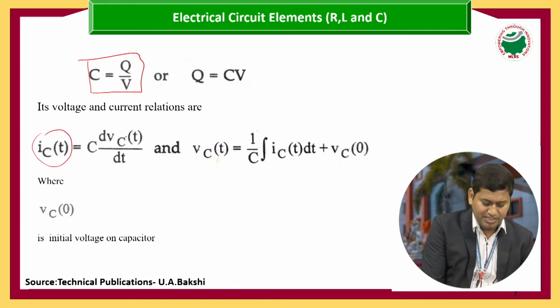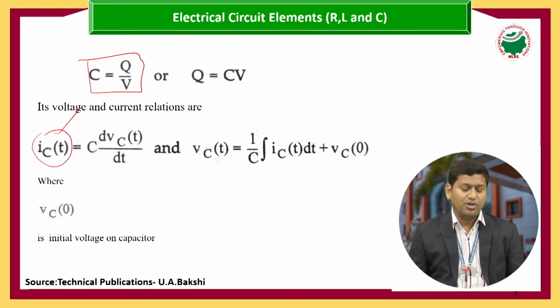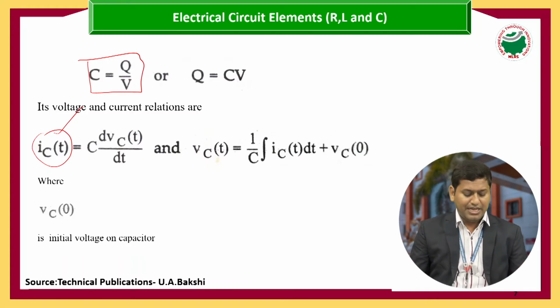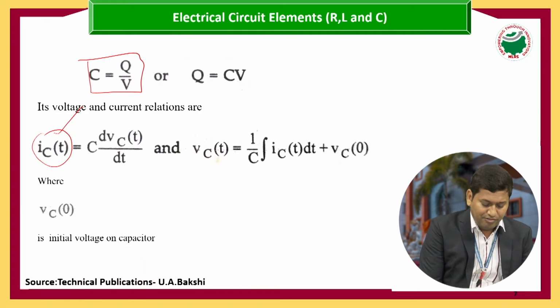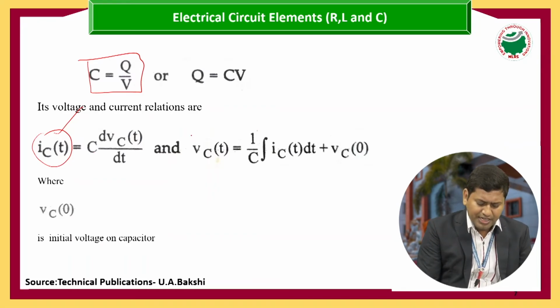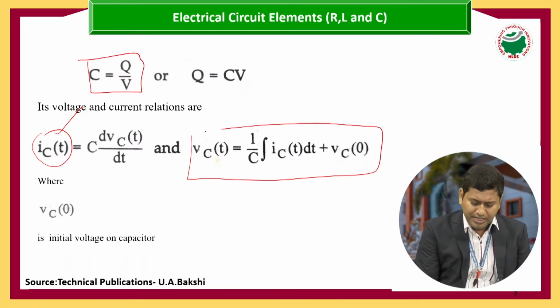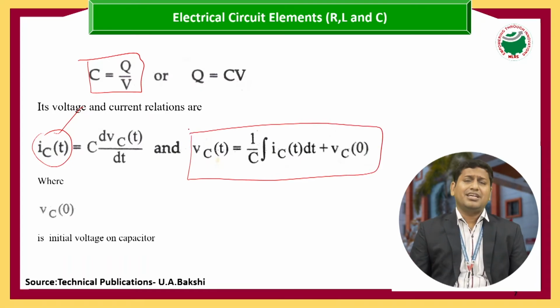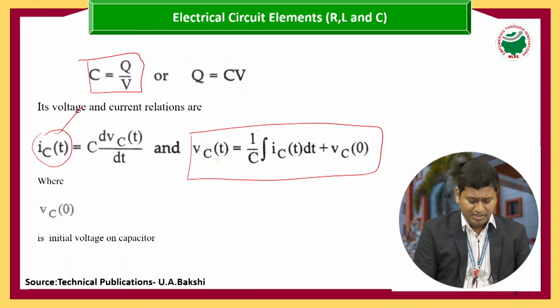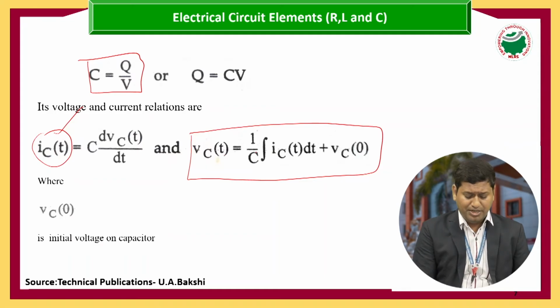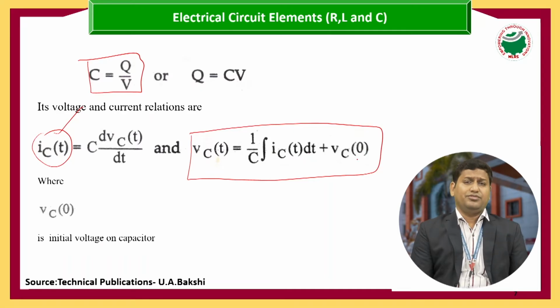Obviously, on the left hand side we see the current IC of t is equal to C into dVc of t by dt. If I apply integral on both sides, I am going to get the voltage and current relation of a capacitance, that is Vc of t is equal to 1 by C integral Ic of t dt plus Vc of 0.